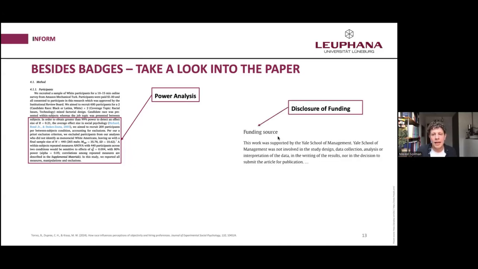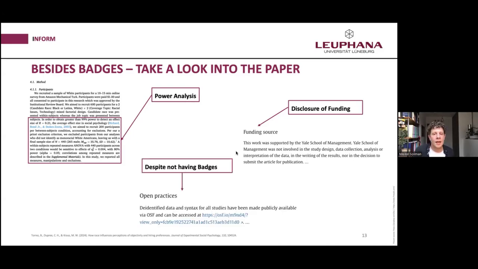Similarly, there are, at least to my knowledge, not really badges on disclosure of funding, for example. But here you can see that they received some funding, and that funding did not influence, according to their statement, the data collection, the analysis, the interpretation of the data, nor the decision to submit the article for publication or to a specific journal.